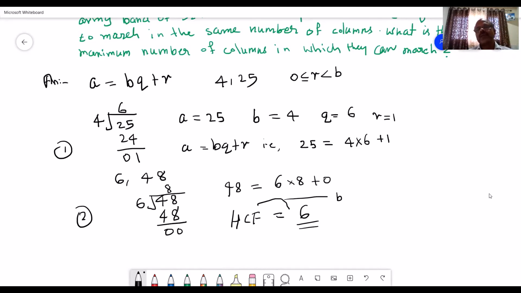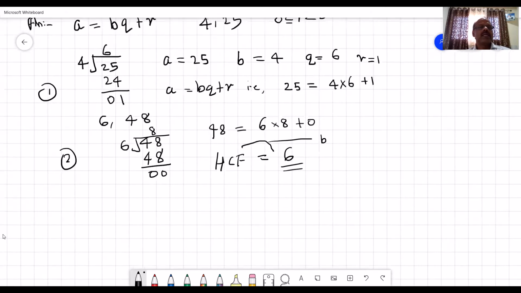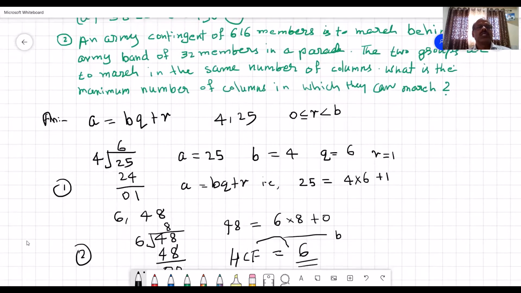Otherwise, we can say the remainder will always be less than the divisor. And the remainder will be more than 0, otherwise it will be equal to 0. Please remember that.